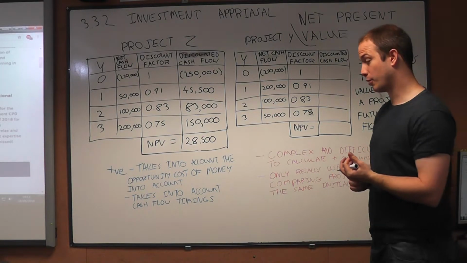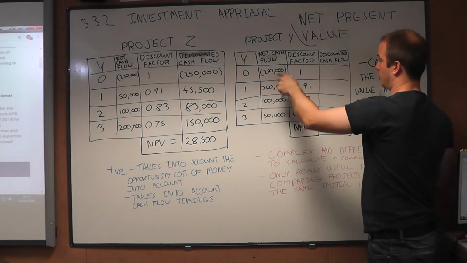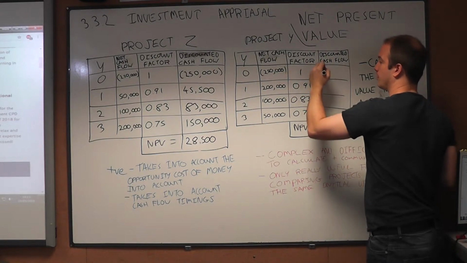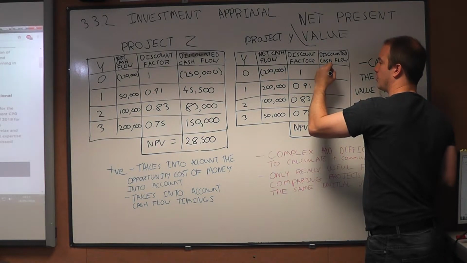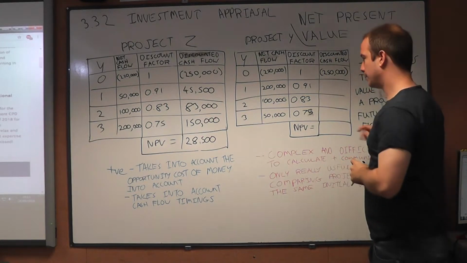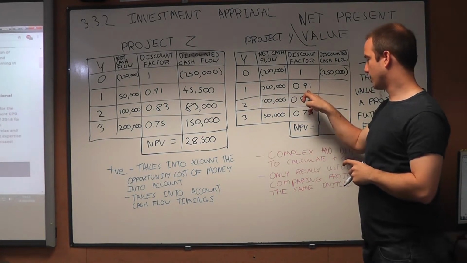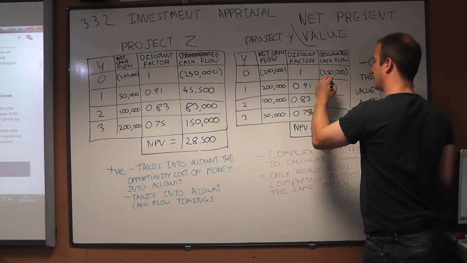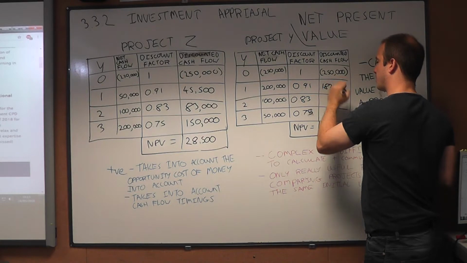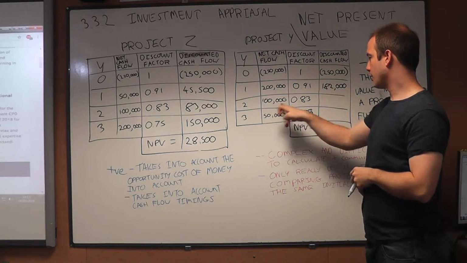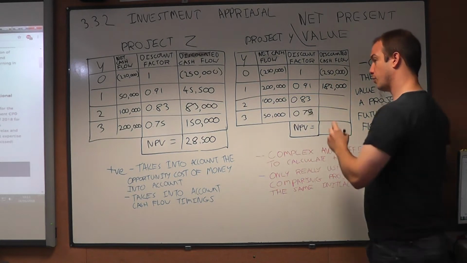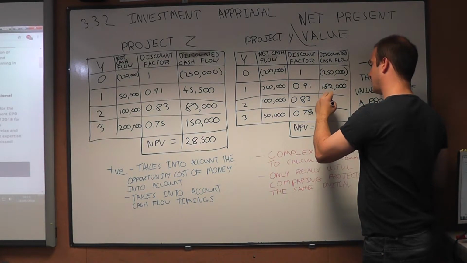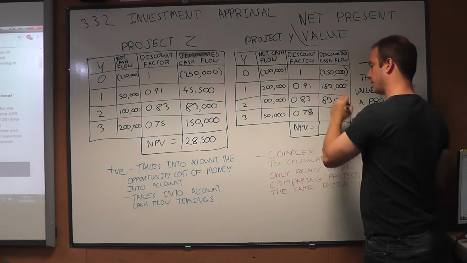Let's have a look at Project Y. Same as last time, 1 times £250,000 should be negative £250,000. 0.91 times £200,000 gives us £182,000. £100,000 times 0.83 also gives us £83,000.